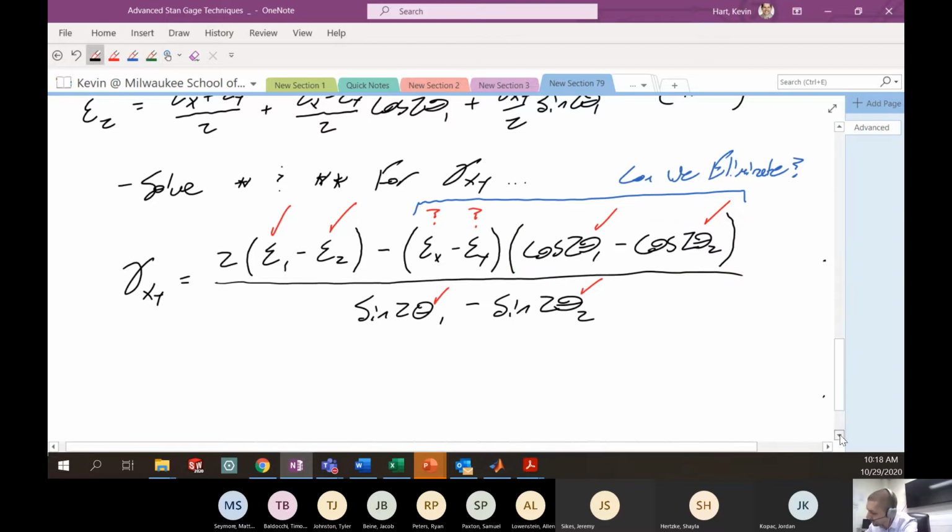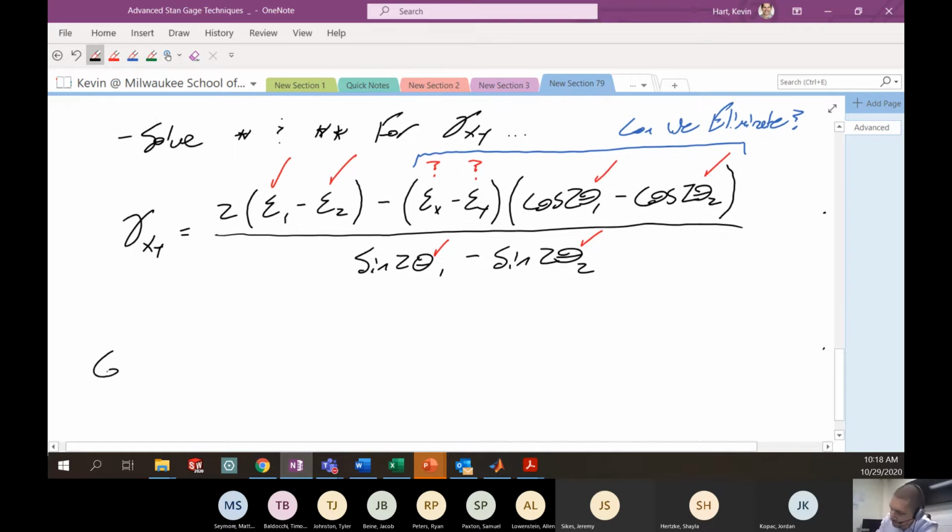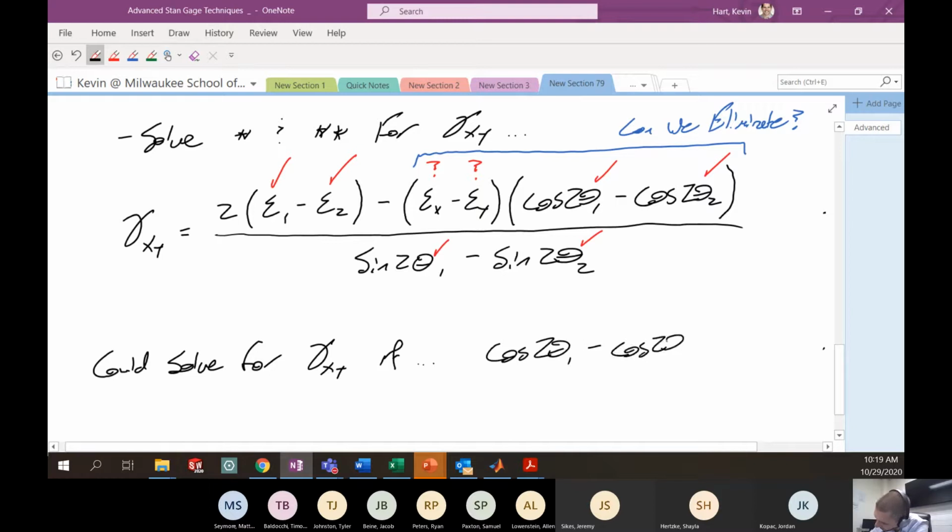So we could solve for gamma xy if this term, cosine 2 theta 1 minus cosine 2 theta 2, were equal to 0. That would more or less get rid of this entire thing here, and we would have everything that we need to calculate that shear strain.